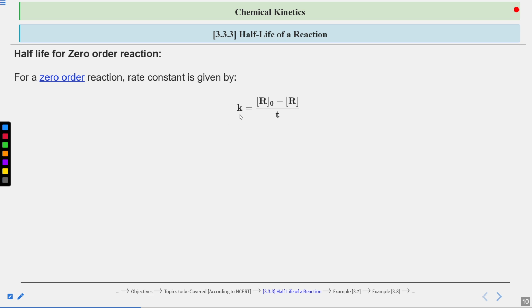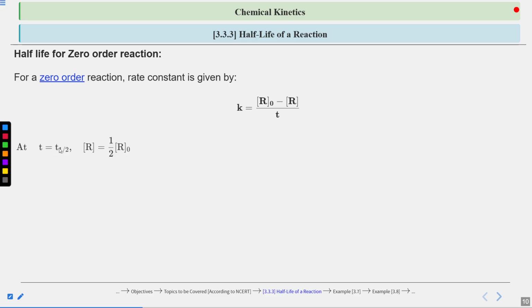So k, the rate constant, is given by the initial concentration of the reactant, represented by [R]0, minus the final concentration of reactant [R], divided by the time taken in this change of the reactant concentration. Okay, this is in the case of a zero order reaction.